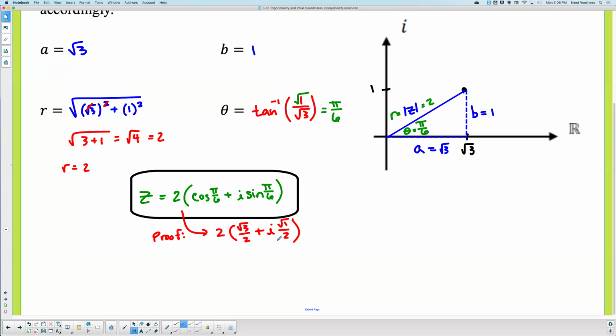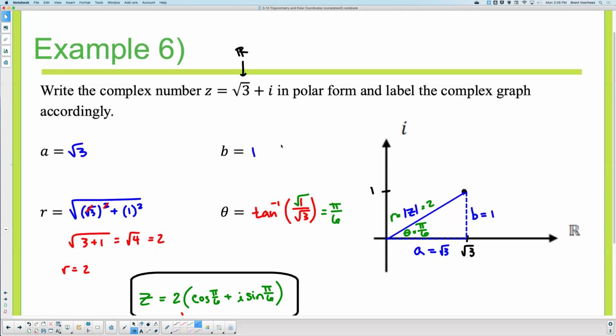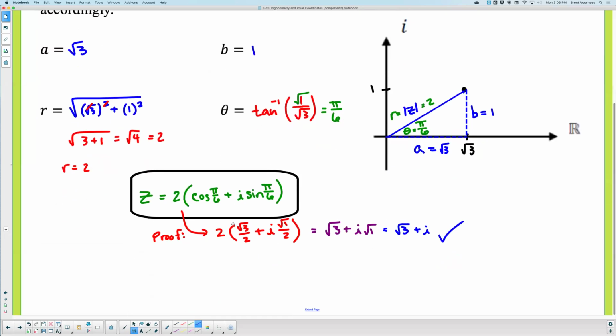When you distribute that 2 through, it cancels both denominators, and so what's left over is the square root of 3 plus i square root 1. Square root of 1 is 1. So it's just i times 1, which is i. Notice that's exactly where we started off, square root of 3 plus i. So that's how you write your answer in polar form.